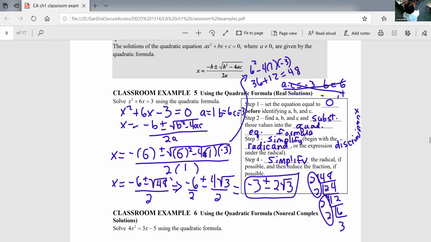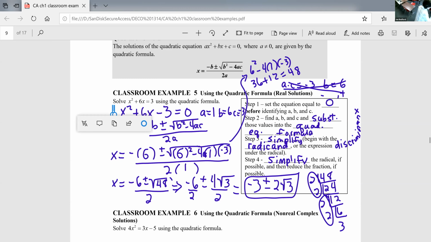What do I have to be careful that I do before I identify my A, my B, and my C? Well, it's always a good idea to see if you could factor, but as long as I have all three terms, b is not 0, then I want to move everything to one side and set it equal to 0 first before you identify A, B, and C. If I start here and I say C is 3, will I get this thing right?